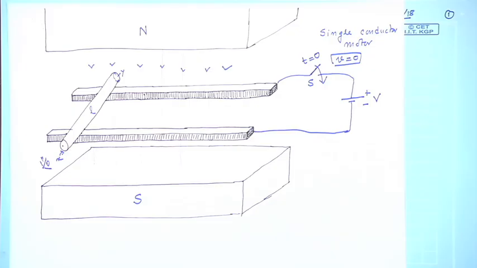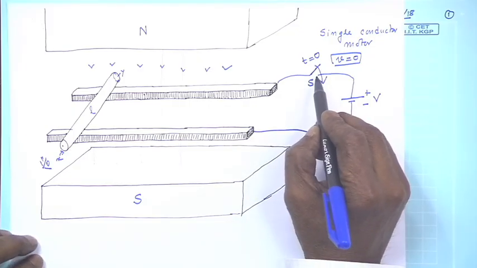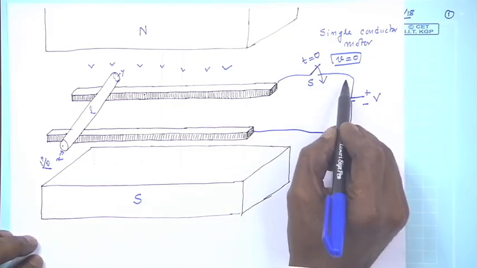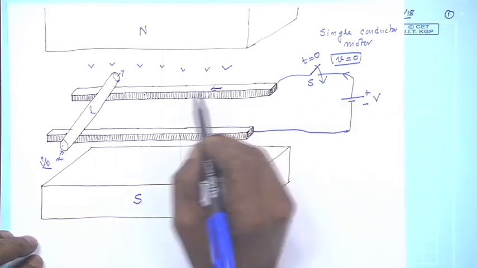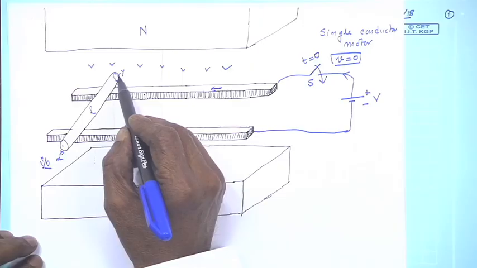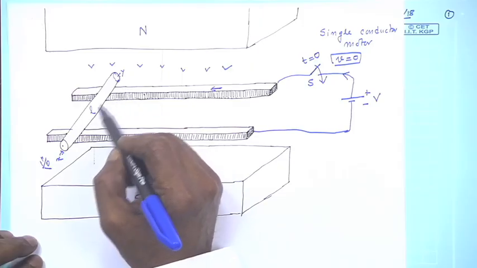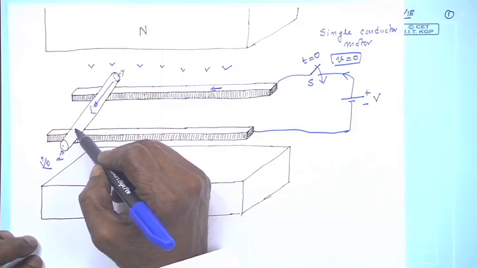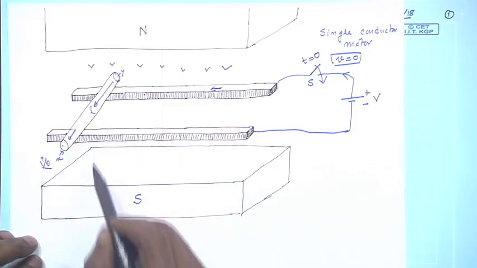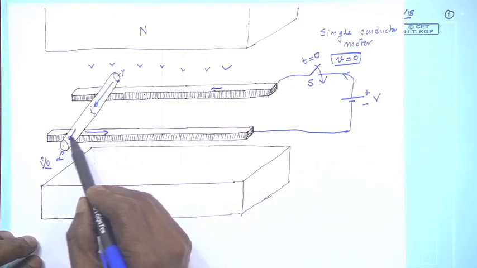But now, what do I do? I close this switch. Therefore, there will now be current flowing in this direction through the rail, and it will enter through the end y. This is the current, and through the rail it will return.